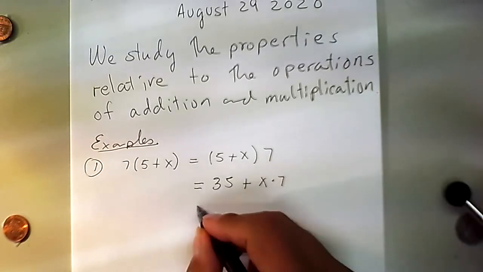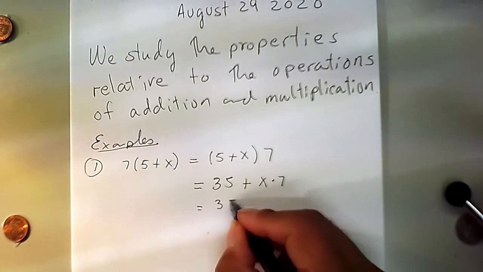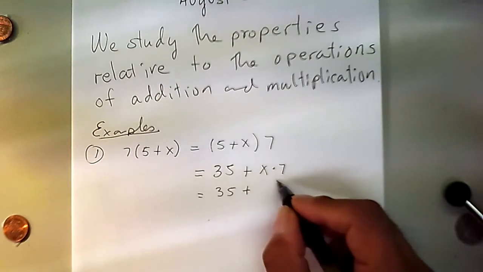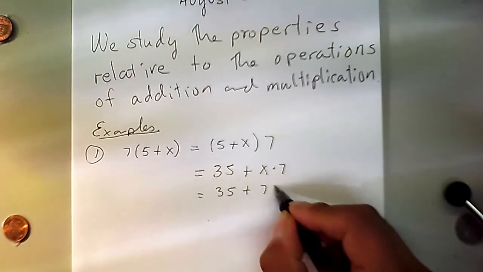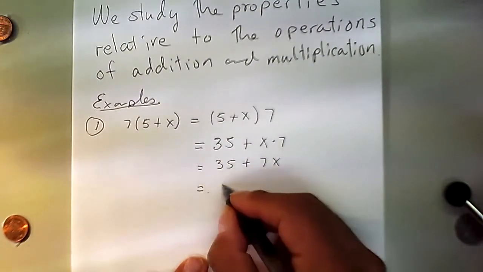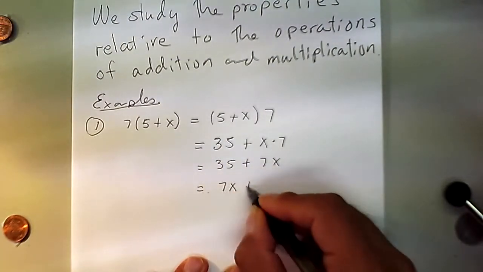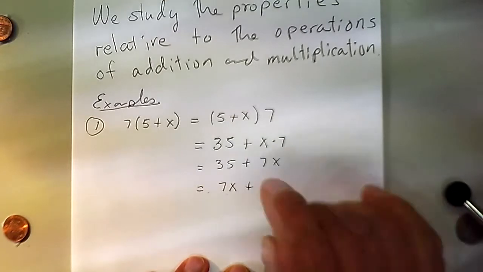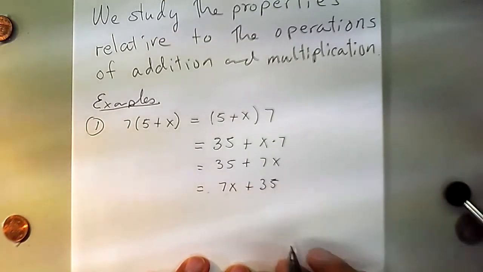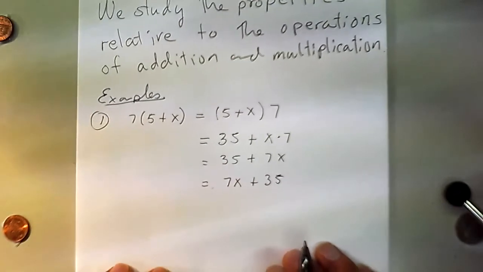If I want to change that to the other side, then we have to apply the commutative property of multiplication. And if I want to move this 7x to the other side, then I have to apply the commutative property of addition. Of course, we have the distributive property.